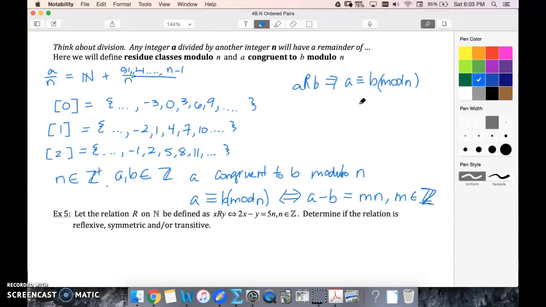If you want to think about the proof of this, go ahead and think about it. It's in the typed up version. So this is always going to be an equivalence relation. See if you can prove that. Go look at the final proof. All right, so that is A congruent to B mod n, and these, again, are the residue classes for mod n. We'll look at what this means in this next example.